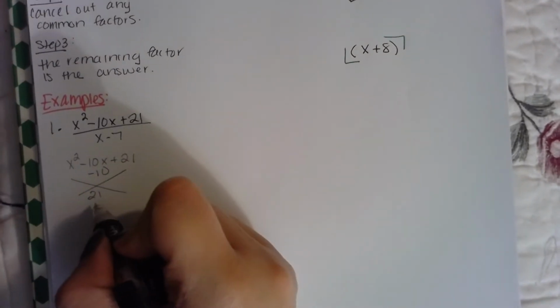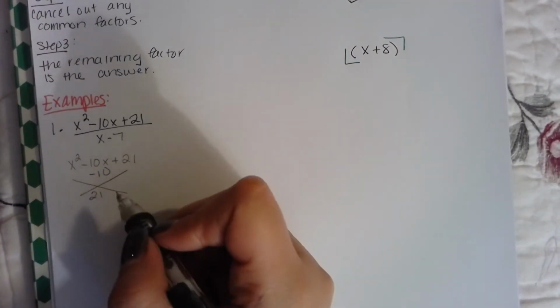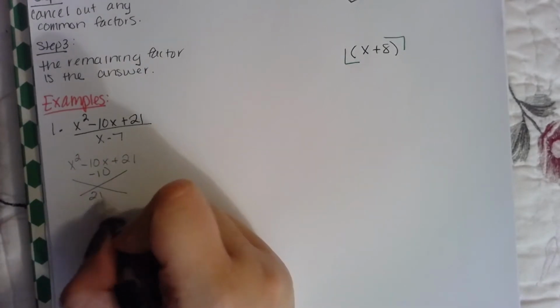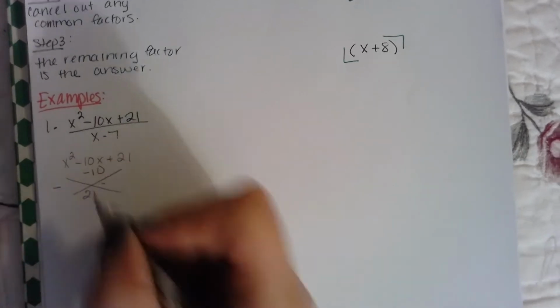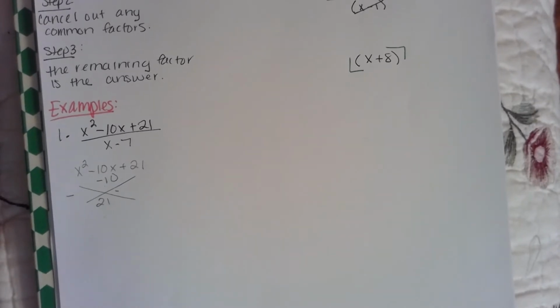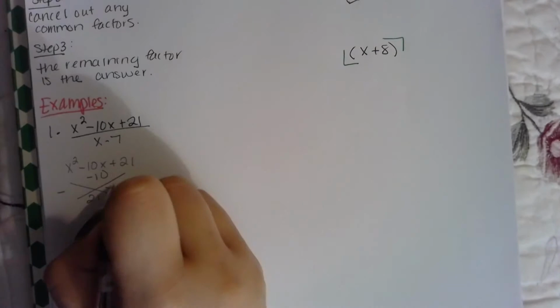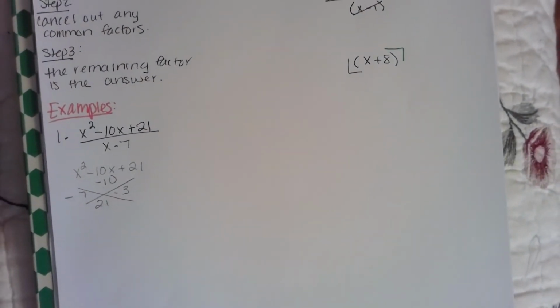Since this product number is positive, that means you had two negatives multiplied against each other, because a negative times a negative gives you a positive, but a negative plus a negative, you add the numbers and keep the sign. 3 and 7 are the ones that fit, because negative 3 times negative 7 is a positive 21, and negative 3 minus 7 is a negative 10. And that is it on this one.